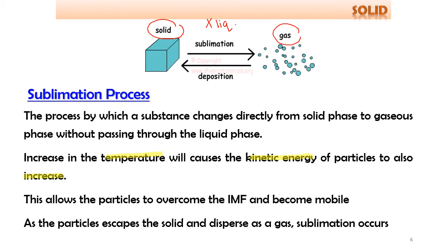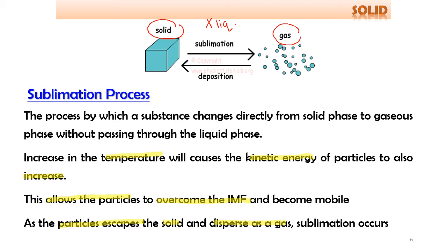So this allows the particles to overcome the intermolecular forces and become mobile, so they can freely move around. As the particles escape the solid state, they will disperse as gas. So that is why we call it sublimation.